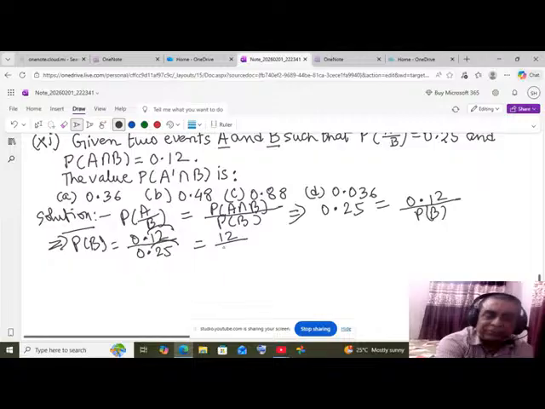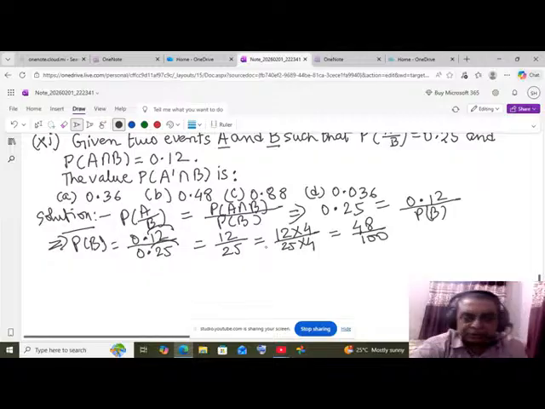That gives us 12 upon 25. Now multiply both the numbers on top and bottom by 4, so it is 12 times 4 upon 25 times 4. If we multiply both the numbers on top and bottom by the same number, the fraction value will remain the same. So it is 48 by 100. That is the probability of B.